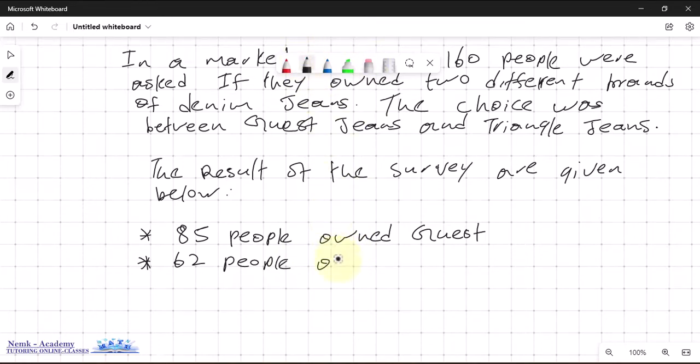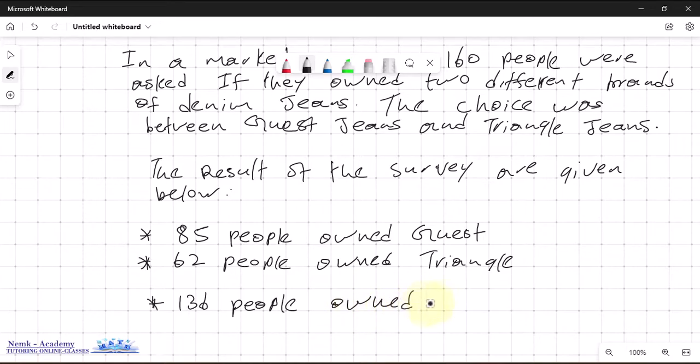Triangle jeans. And then 136 people owned at least one of the brands.